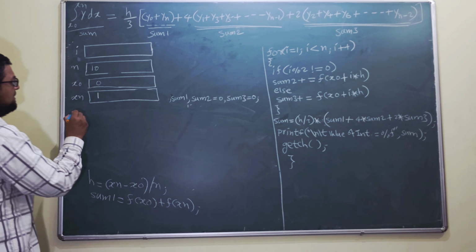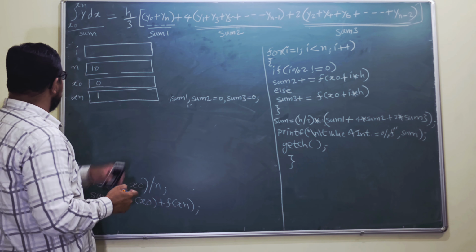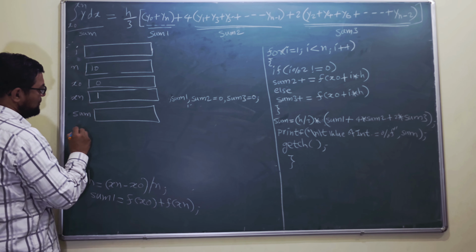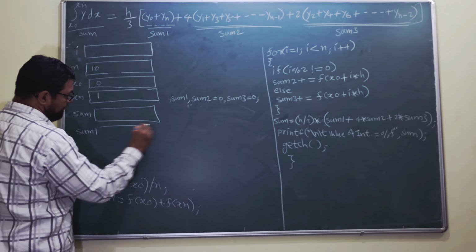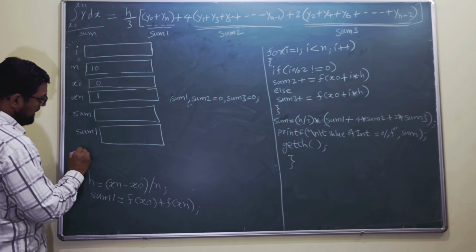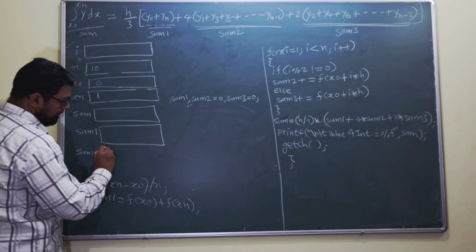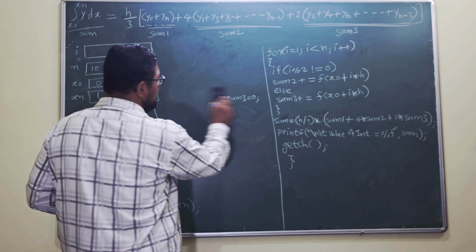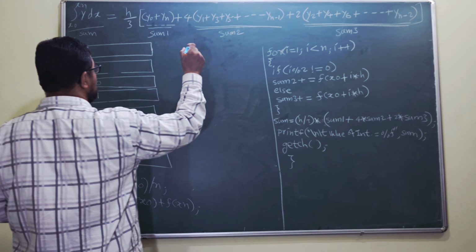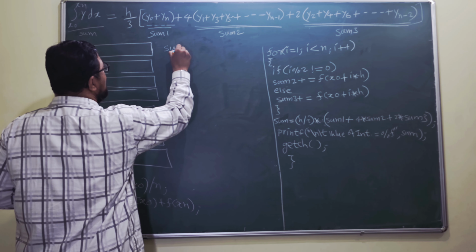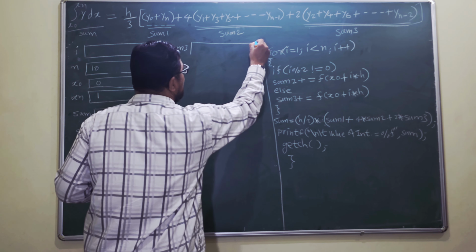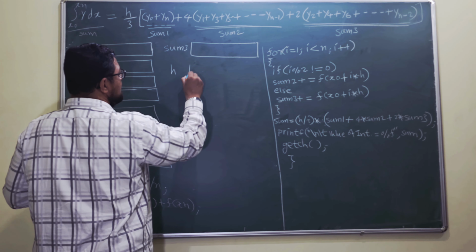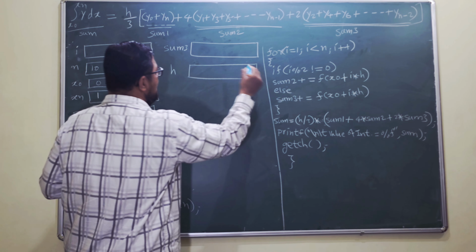We have sum first, then we have sum1, then sum2, then sum3, and also we have h. Actually h was remaining, so I will just write down that space over here, h.